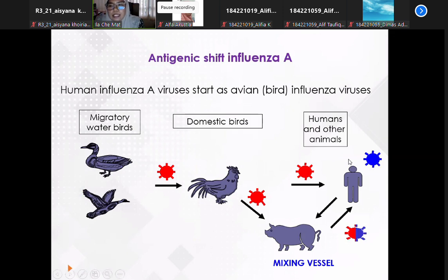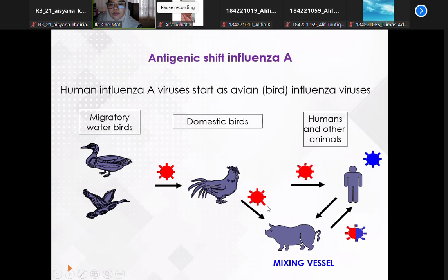This guy has a farm with pigs and chickens. The migratory bird will come closer to the chicken and infect it, and then the chicken can also infect the pig. The red strain can also infect the human directly. And previously, this human already had the blue strain.